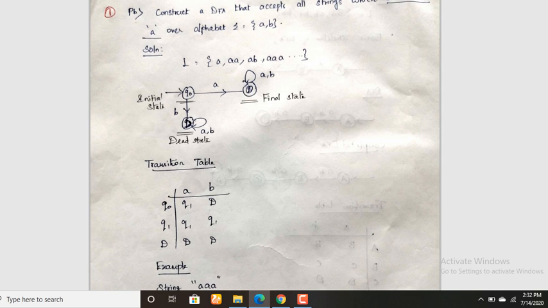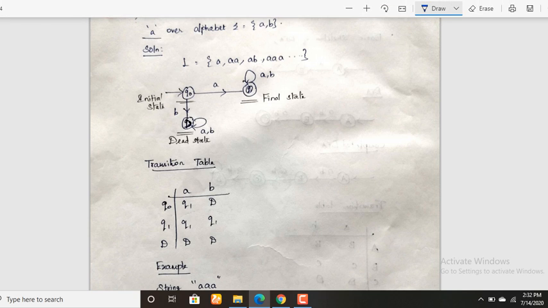Then what's the next step? The next step is the transition table. The transition table covers the number of states used in your DFA: Q0, Q1, D. You can also add D here, which is also optional. You can omit it in the transition table. It's up to your choice. On receiving input A, Q0 goes to Q1.